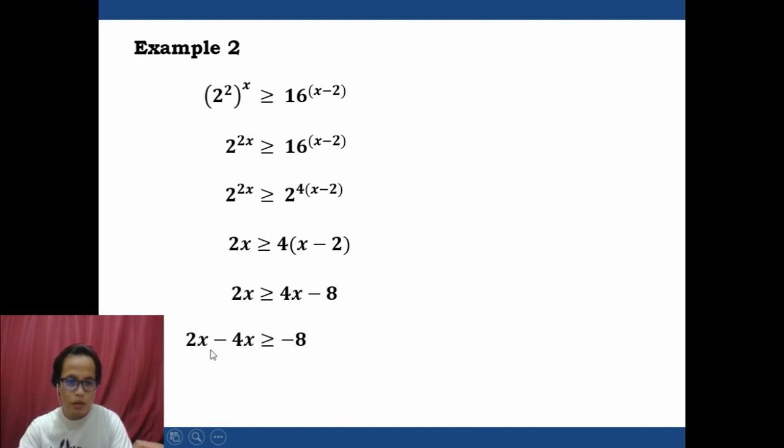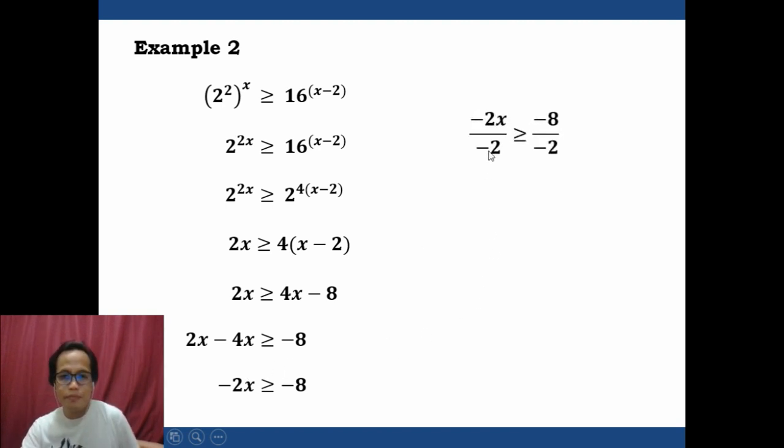So 2x minus 4x is negative 2x, is greater than or equal to negative 8. Now, naa man tayo negative 2 dira. So, kinahanglan makancel na. So, atong i-divide by negative 2. Say, negative 2x divided by negative 2 greater than or equal to negative 8 divided by negative 2.